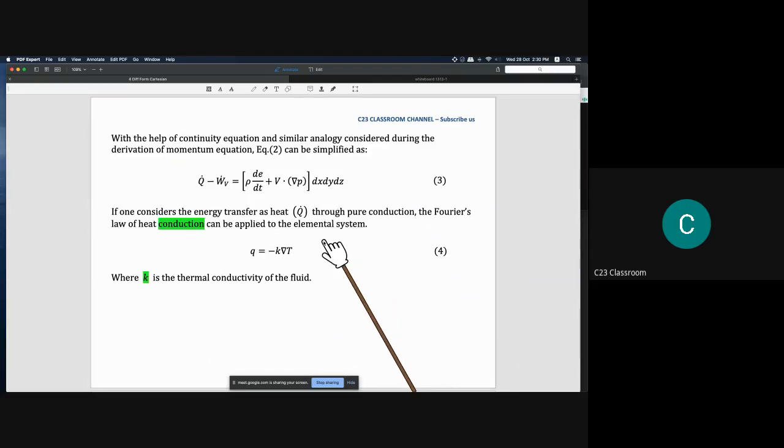The energy equation in differential form is more in thermodynamics, because when we want to analyze heat dissipation and so on, they will use this. The calculation uses K, which is the thermal conductivity of the fluid.